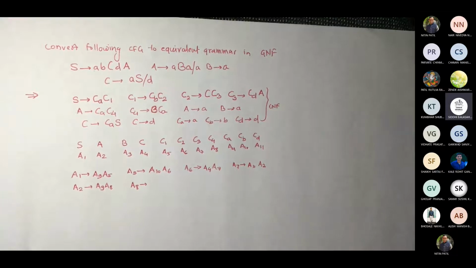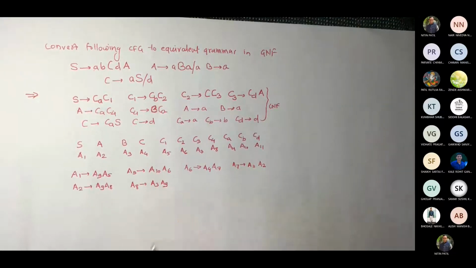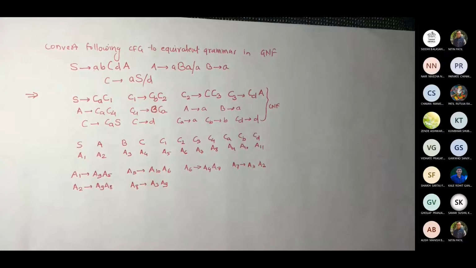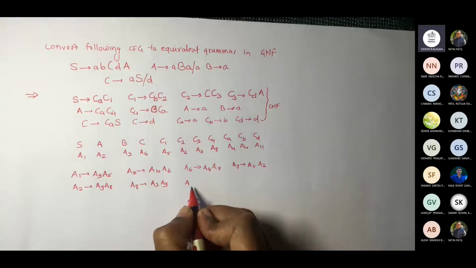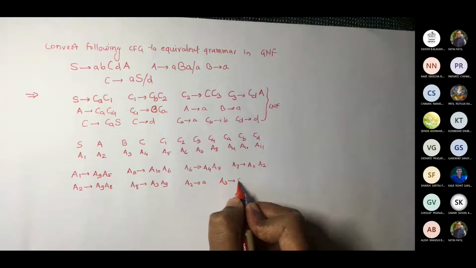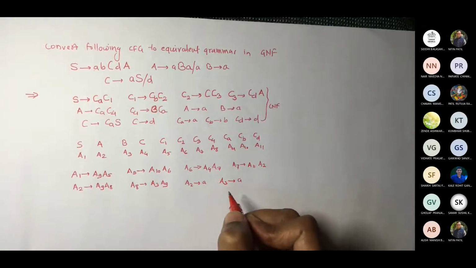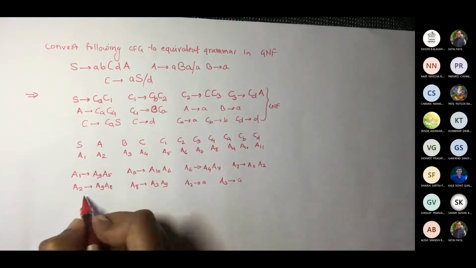A8 gives A3, A9. Okay. Give me A gives A and B gives A. So A2 gives A and A3 gives A. Rutuja, A4.